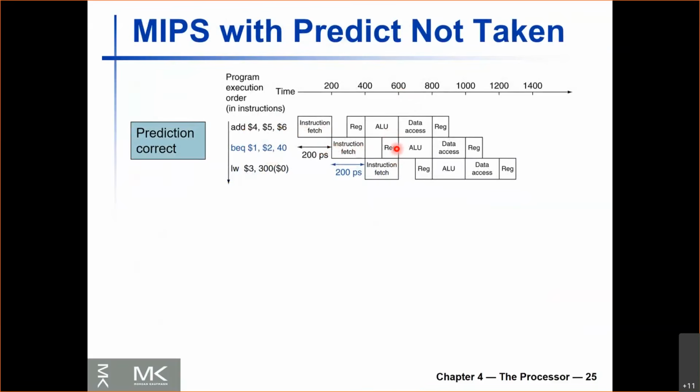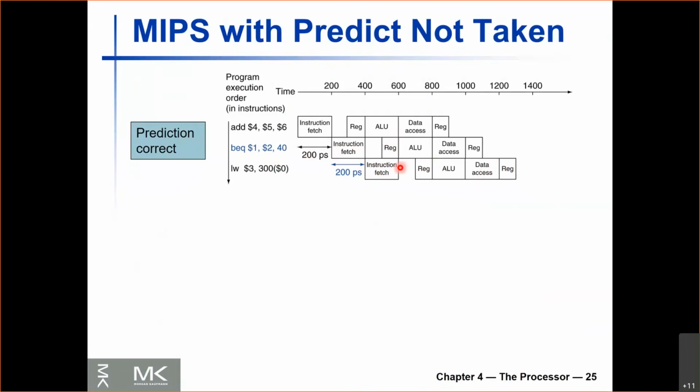But rather than waiting for the branch to get resolved, we're going to predict that the branch is not taken and start fetching the next instruction after the branch. At the end of the third cycle, if we find out that the branch is not taken, so our prediction is correct, it was correct to fetch the instruction after the branch. So we just continue executing it, and we don't pay for any stalls.